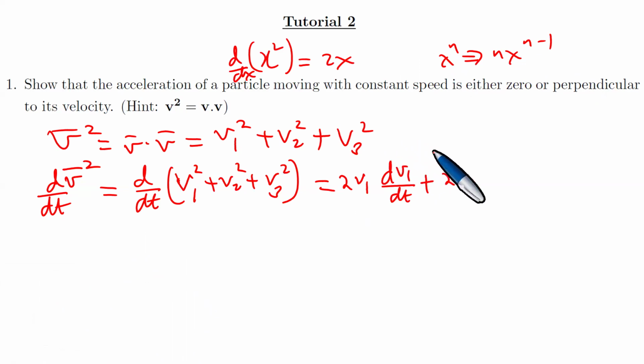So in the end you would have 2V2, then the derivative of the inside, which is dV2/dt. Now we do the third one, 2V3.